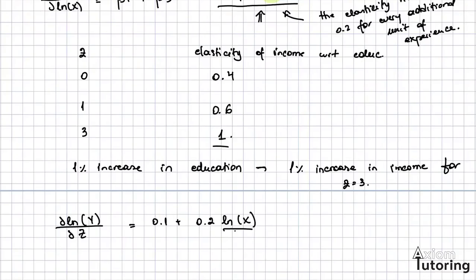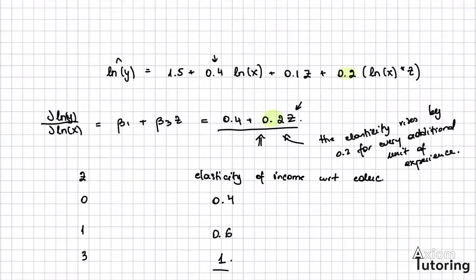What are some of the common interpretation mistakes to avoid? The same ones that we saw with the general interaction model apply here as well. If someone says that the elasticity is 0.4, that is not always correct. You'll find that 0.4, just as we found it here, when z is equal to 0.